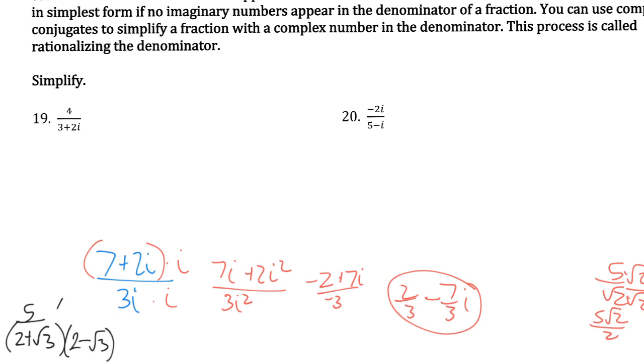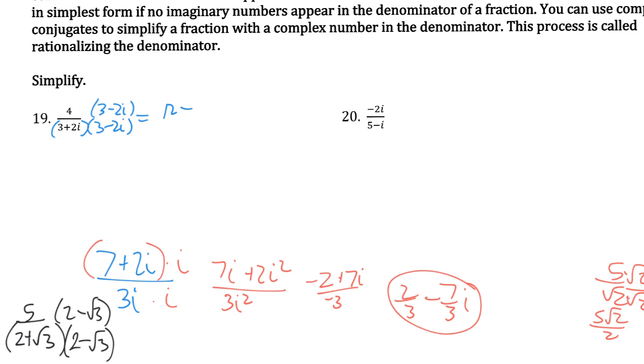If you multiply conjugates together, they get rid of the offending radical much better than if you just try to multiply by the radical. So if there are multiple terms, you use the conjugate of the denominator, and that should make your denominator not irrational. The conjugate of 3 plus 2i is 3 minus 2i.